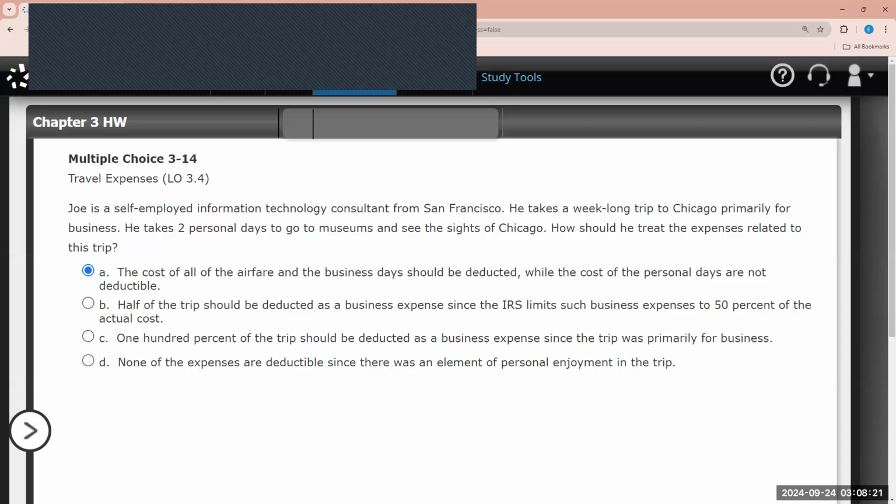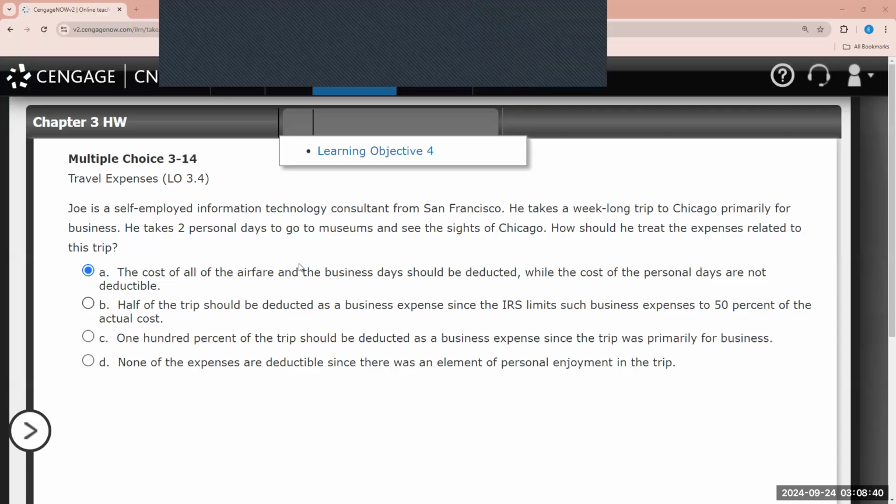So we'll go through all of the answers. A, the cost of all the airfare and the business days should be deducted, while the cost of the personal days are not deductible. This appears to be true, but you always want to go through every answer choice.